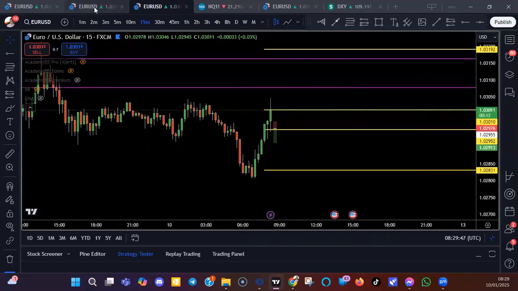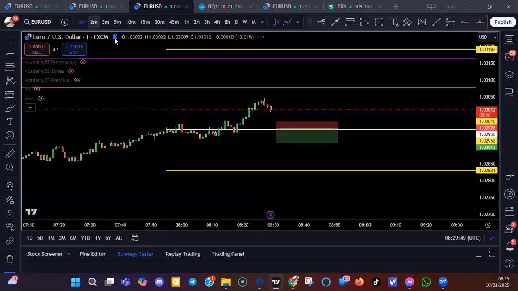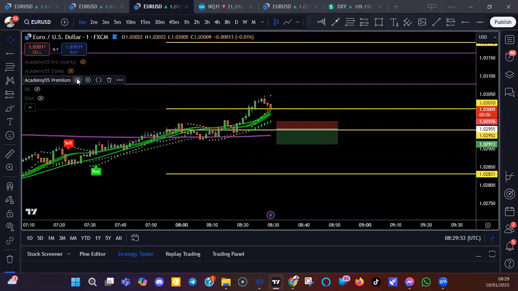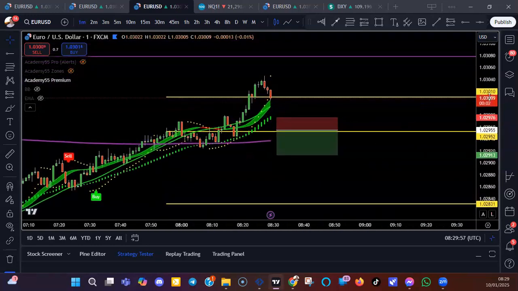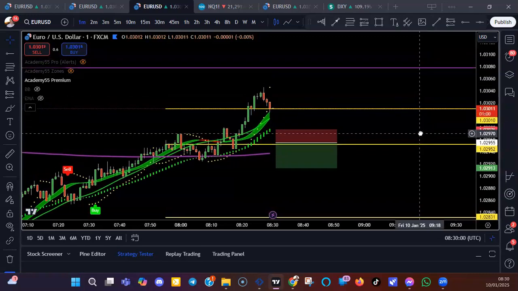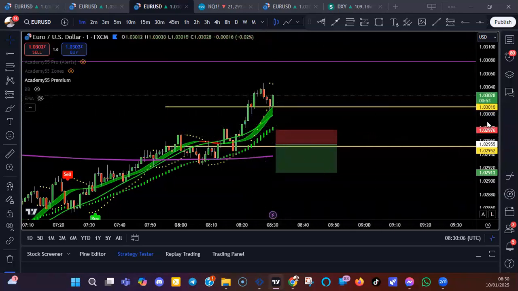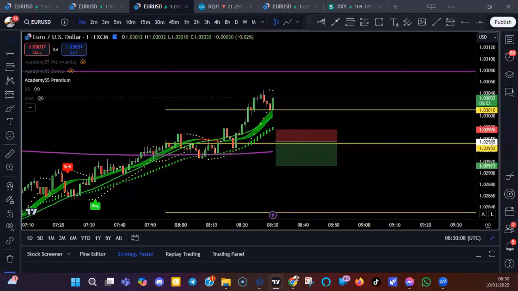So maybe we could be due a retrace, which means we may get a sell trade. But when? Oh, we have to wait for these to go red, red, red. And a big sell alert.